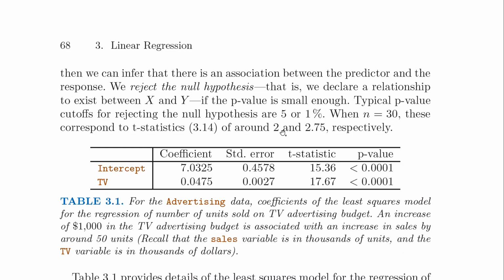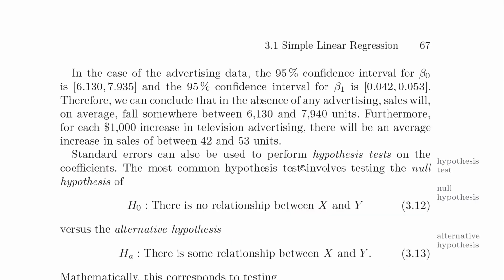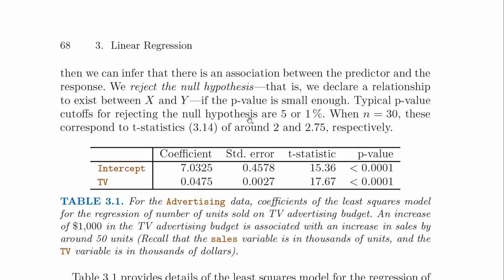Let me give you the punchline. This p-value, that's a probability. The smaller it is, the more likely you are to reject the hypothesis. And every hypothesis test works this way. You calculate a p-value, and the smaller it is, and then you normally set a threshold. For example, the book is speaking of 5% or 1%.